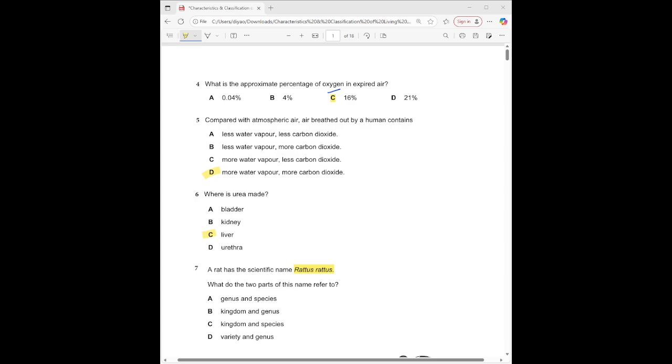Every living organism has a scientific name made up of two parts. This system is called binomial nomenclature. Bi means two, nomial means names. I'm going to write over here: bi is equal to two, and nomial is equal to names.